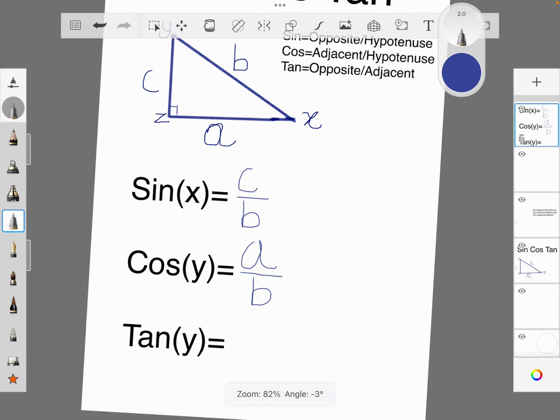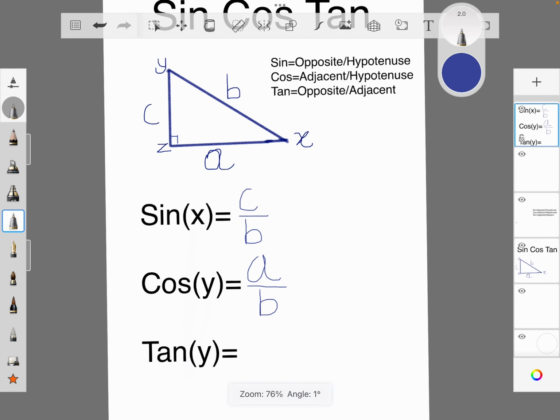Now, if we go down, we now do tangent y. So tangent y equals opposite over adjacent. Later, trigonometric values will also say that tan equals sine over cosine, because of opposite over adjacent.